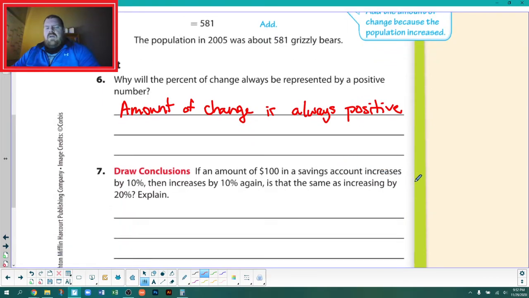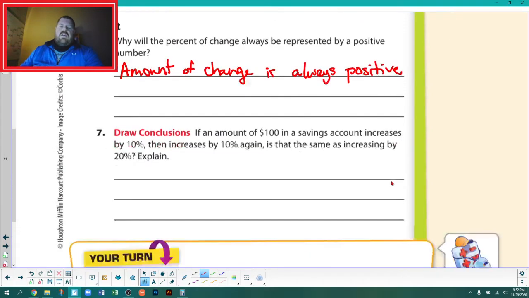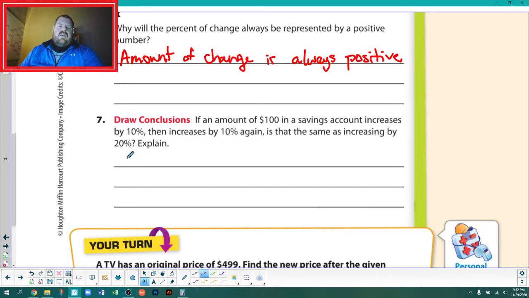If an amount of $100 in a savings account increases by 10%, then increases by 10% again, is that the same as increasing by 20%? Let's look at it. If we take $100 and increase it 10%, I want to multiply that by 10% or 0.1.